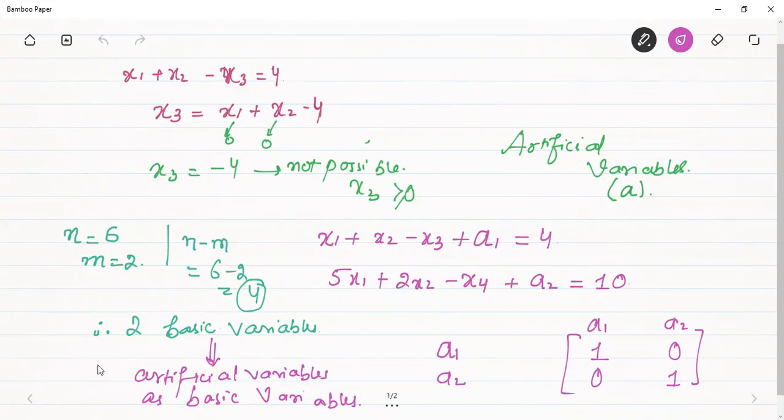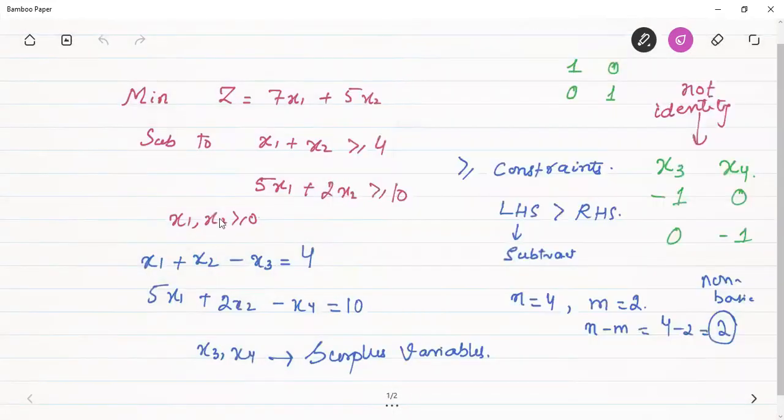If I go to this old slide, the objective value function here is z is equal to 7x1 plus 5x2 plus 0x3 plus 0x4. This would have been the objective value function if I wouldn't have added the artificial variables.